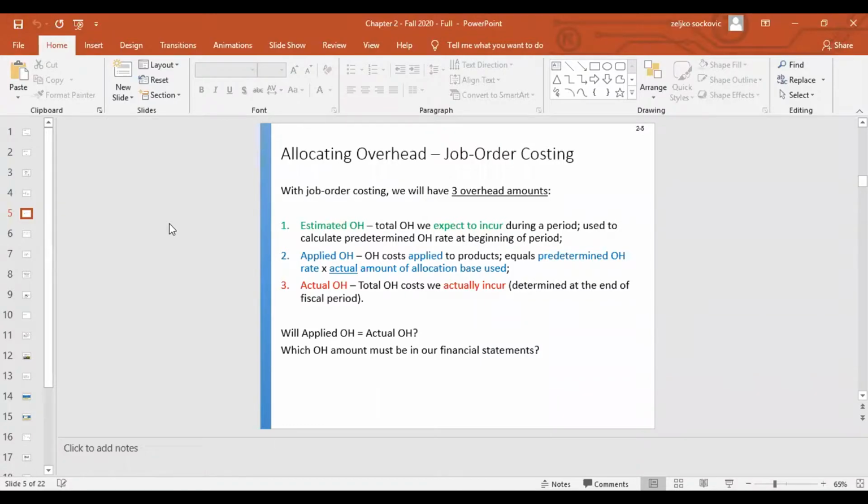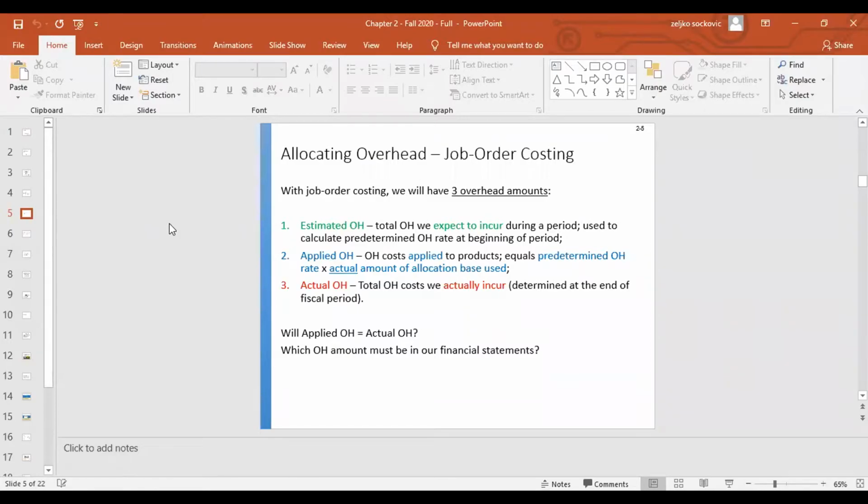So you see these three different overhead amounts are in different colors. So with job order costing, we will have three different overhead amounts. First, we will have estimated overhead. This is the total overhead that we expect.